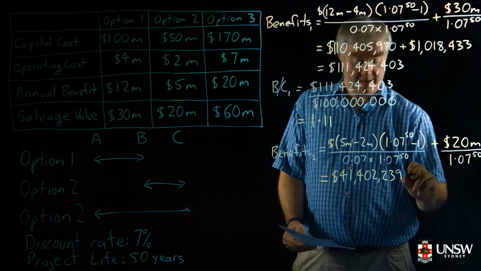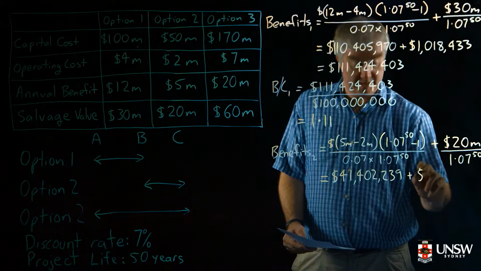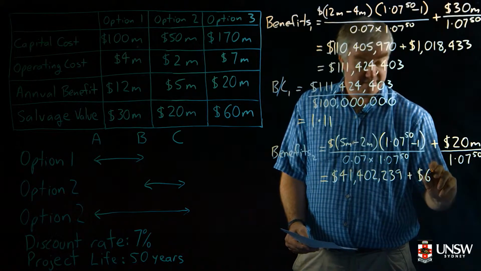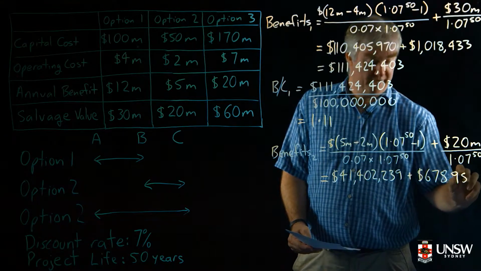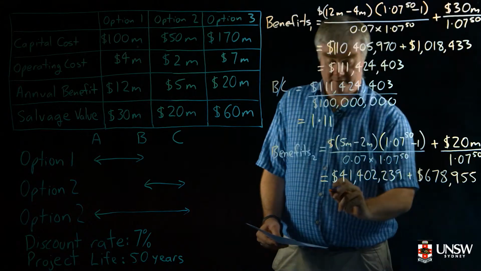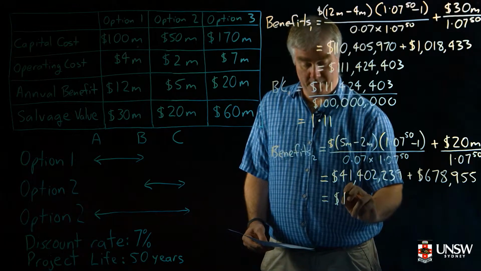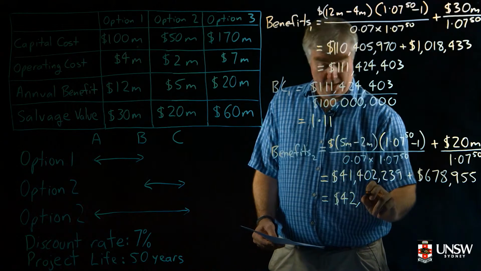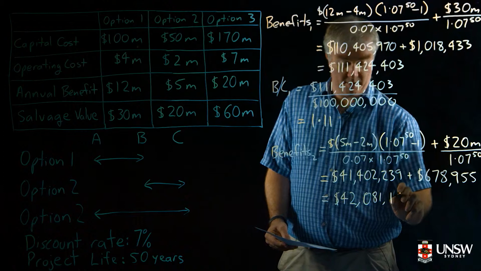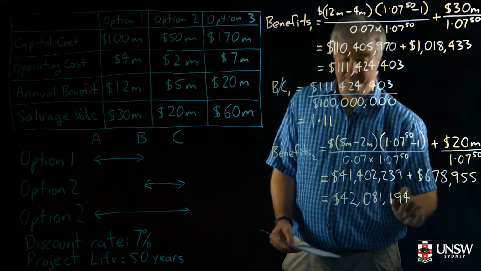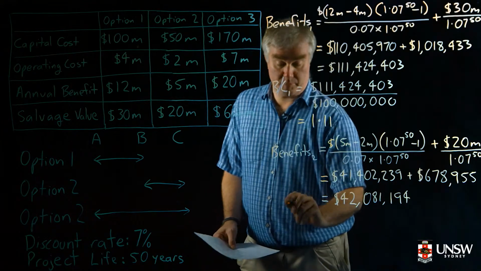The salvage value as a present value is $678,955. So that gives us a total benefit of $42,081,194. So we need to work out the benefit cost ratio for this project.